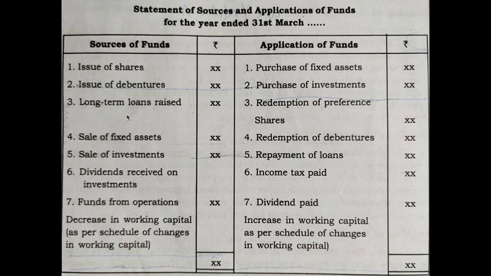If you go through the nature of it, whenever there is an increase in fixed liability, see, issue of shares, your liabilities increase. Issue of debentures, liabilities increase. Long-term loans raised, your liabilities increase. Whenever a fixed liability is increased, it is considered as a source. It's just a trick for understanding the concept.